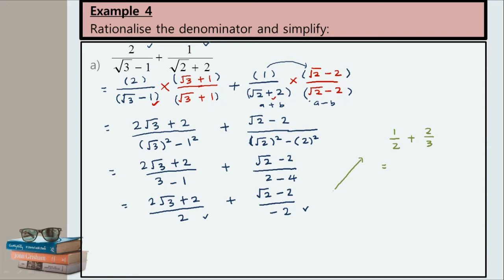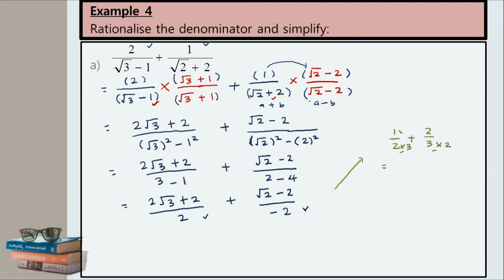Okay, bila kita ada satu pecahan tambah satu pecahan, bila tambah, jangan guna calculator, guna manual. So bila pecahan, bila kita nak tambah, kita tengok dia punya denominator. Yang ni denominator dia 2, yang ni denominator dia 3. So bila nak selesaikan, 2 ni kita darab dengan 3, 3 ni kita darab dengan 2.